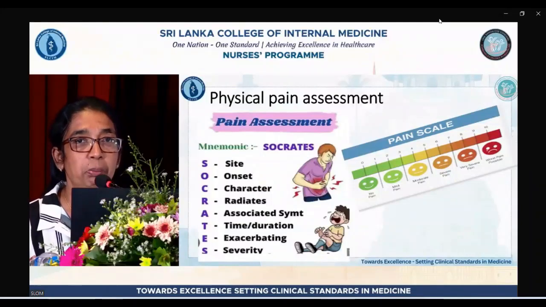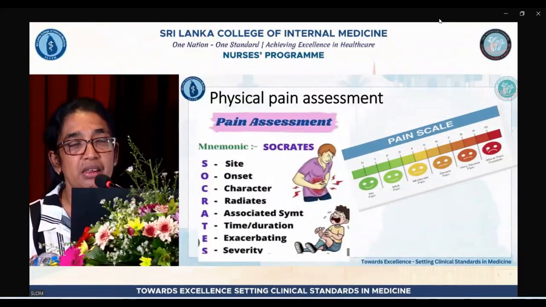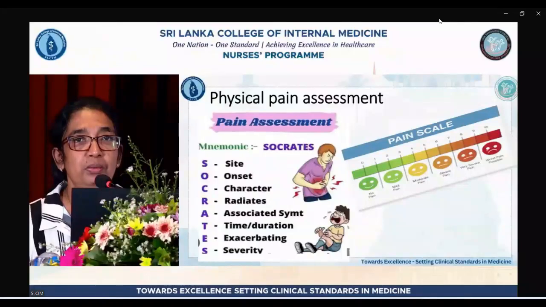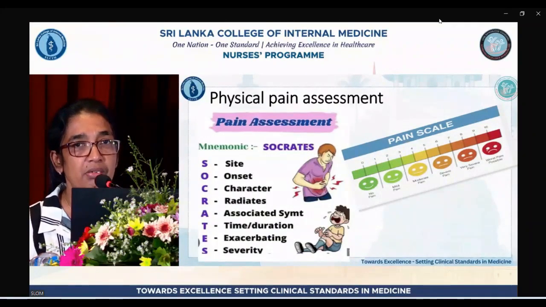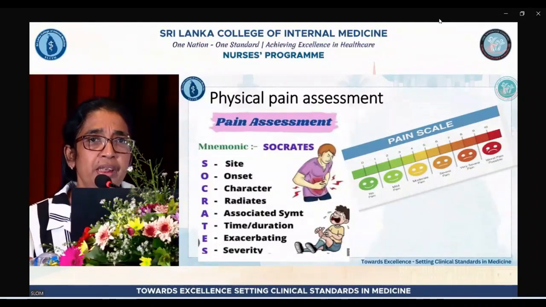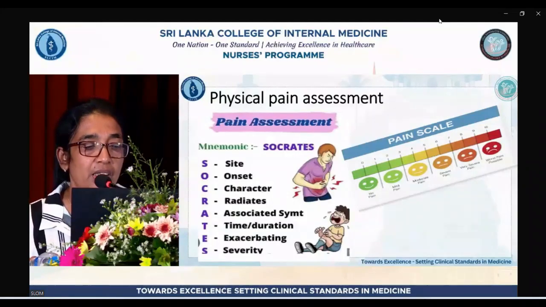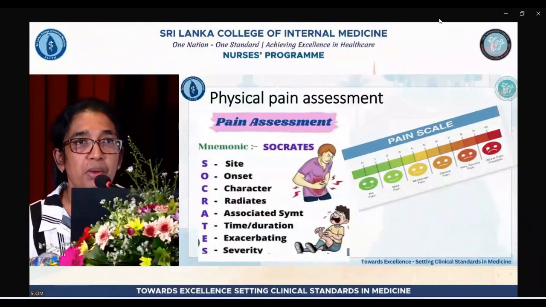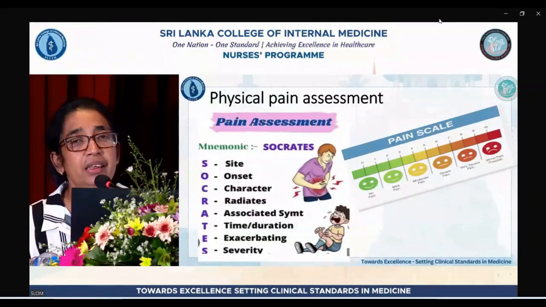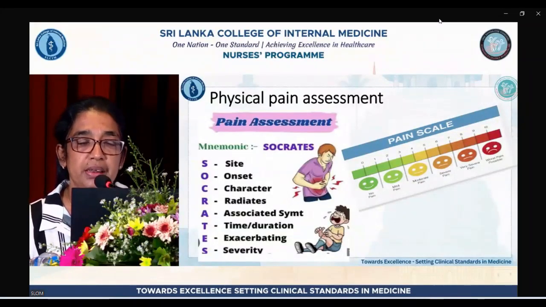With nociceptive pains, you feel a sharp or dull pain, and neuropathic pain involves the nerves, and usually it is due to nerve damage or tissue damage sometimes, affecting the nerve conduction. In this case, the patient will feel numbness, tingling, electric shock-like sensations. So these are very important when we are deciding on drugs. Though you are not going to decide on drugs, identifying these things is important for nursing officers.